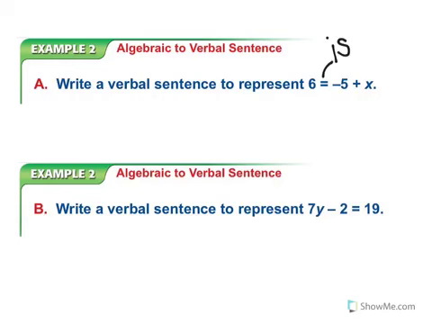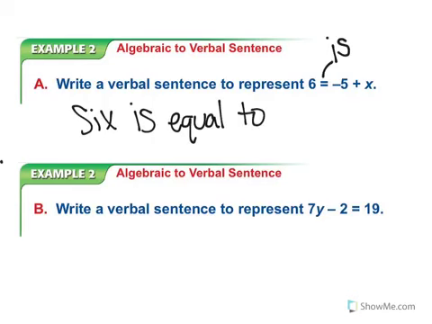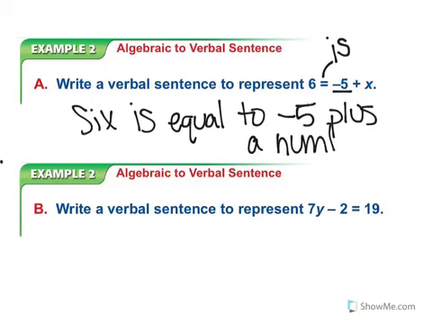So we're going to start with 6 is, and we're going to go ahead and put in equals to, and we're going to say negative 5 plus, and we don't know what x is, but we're not going to put that in the verbal expression. We're just going to say plus a number. All we're doing is working backwards from what we just did.